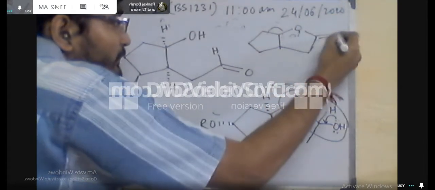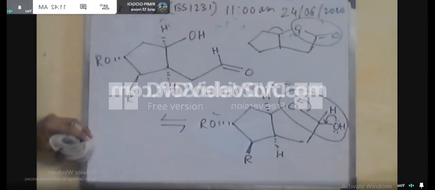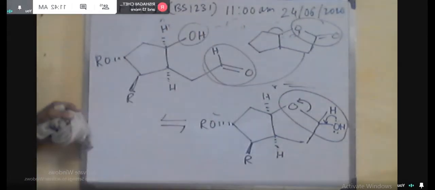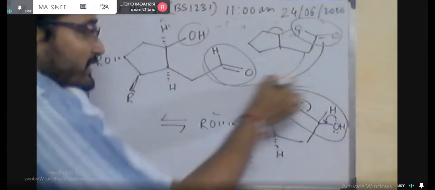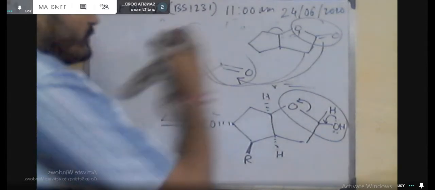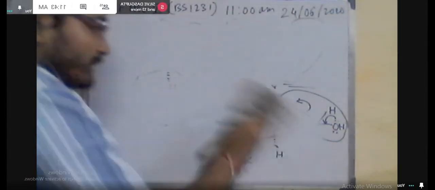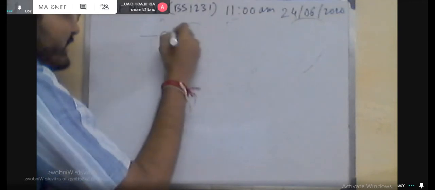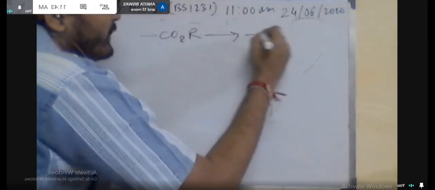So again, the importance of DIBAL-H, and the reaction mechanism is basically the same here. In the first step it will be converted from the cyanide to the imine, double bond N, and finally by acid workup, that means hydrolysis, you will get the corresponding aldehyde. So by using this you can convert the nitrile group to the corresponding aldehyde.